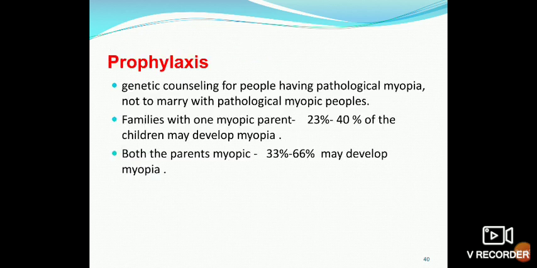Prophylaxis. As such, there is no prophylaxis, but nowadays myopia eye drops, 0.01% atropine eye drops, are started. They are given once daily, and they are found to halt the progress of pathological myopia. So it is a newer modality of treatment.